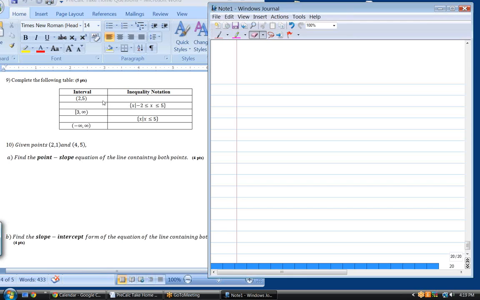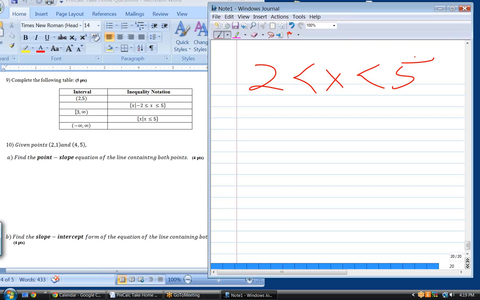Number 9 is just converting interval notation to inequality notation. If I'm in the interval 2 to 5, that means x is greater than 2 and less than 5.